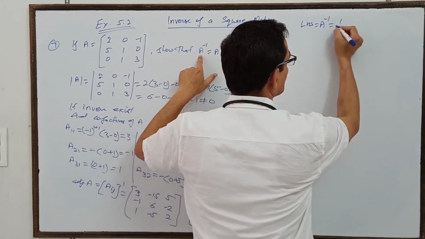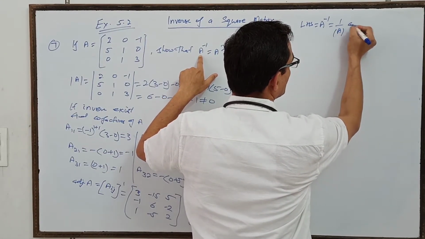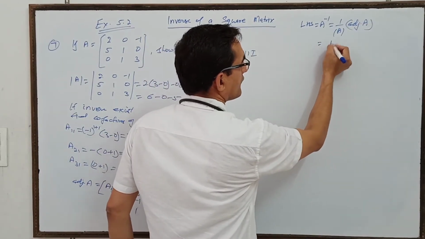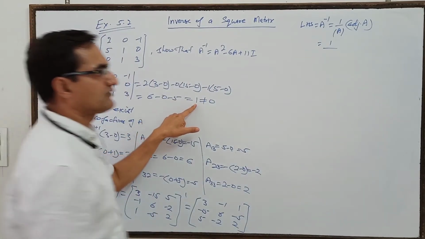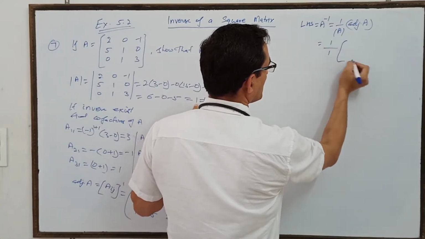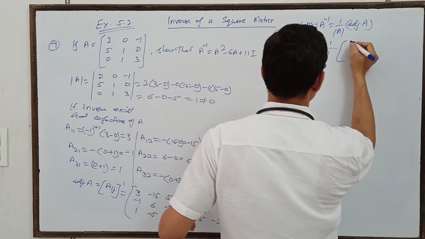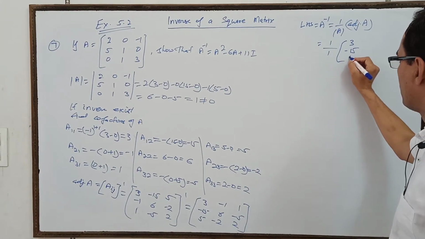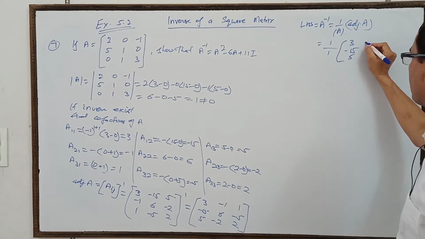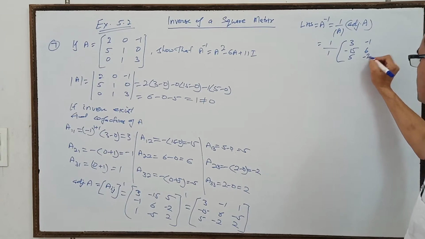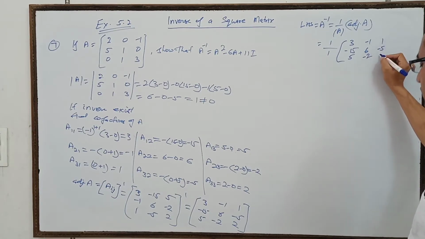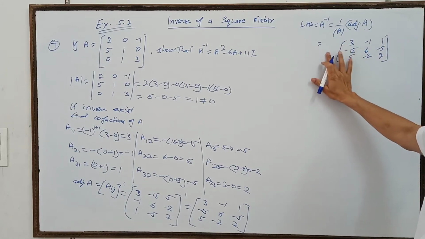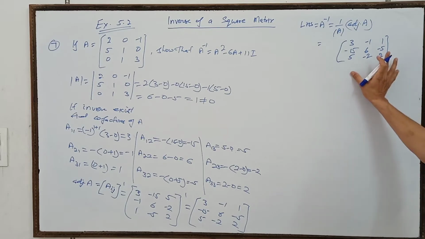Inverse of A's formula is 1 by determinant of A into adjoint of A. Determinant of A is 1, so 1 into 1 by 1 is 1, there is no need to write it. So left hand side is this one.